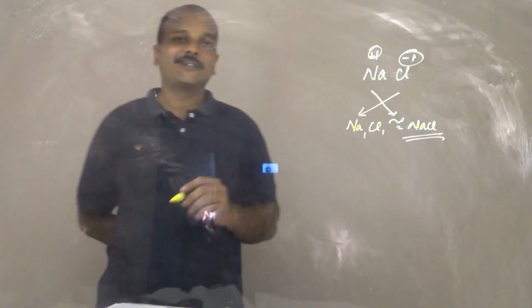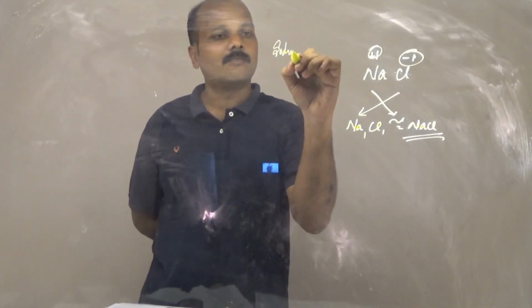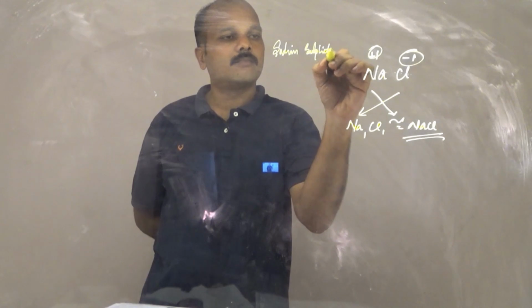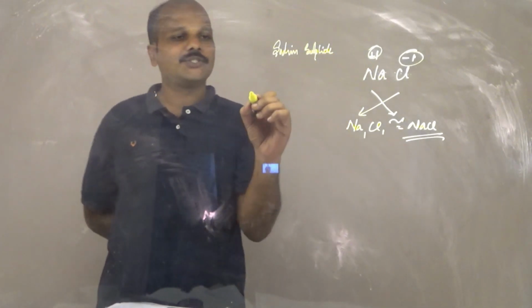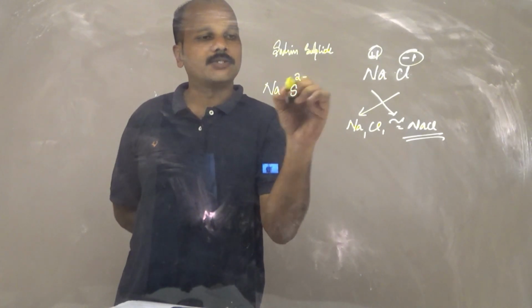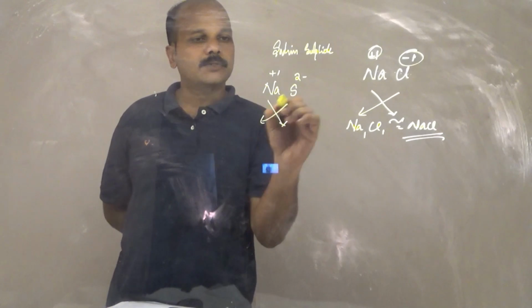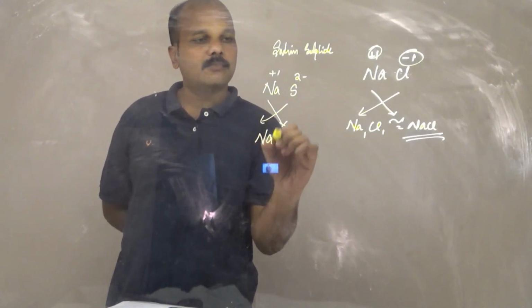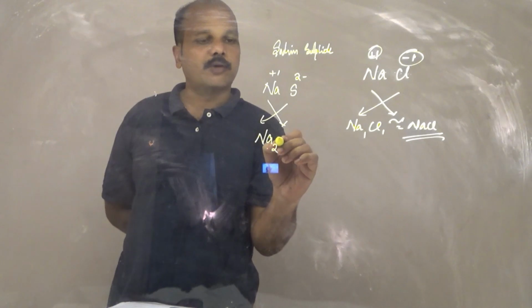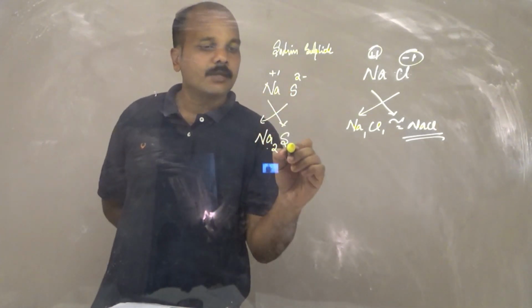Now take sodium sulfide. Sodium is Na with +1, sulfide is S with -2. So the 2 is supposed to come below sodium, and the 1 goes with sulfur.